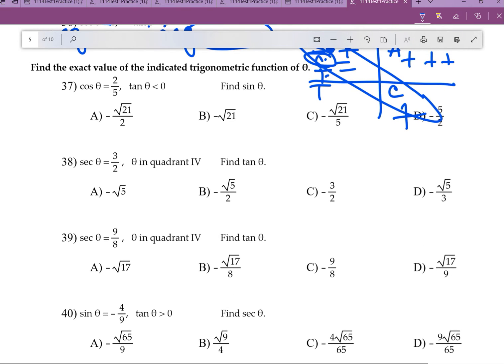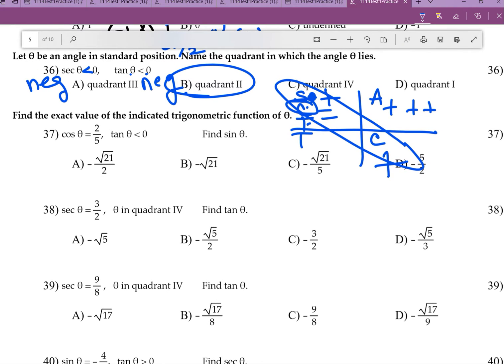Okay. Next question. It says find the exact value given cosine theta is 2 over 5 and tan is negative. Okay, so we have to apply this again. So let's draw the quadrant. Cosine theta is 2/5.